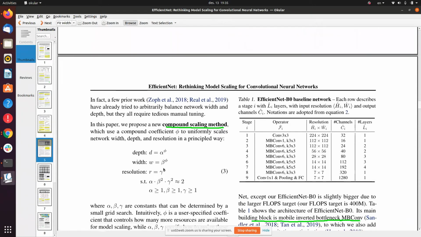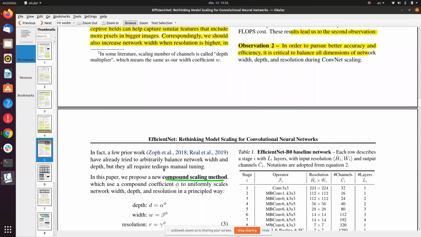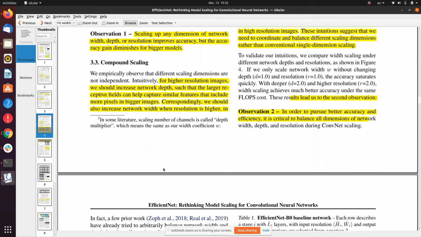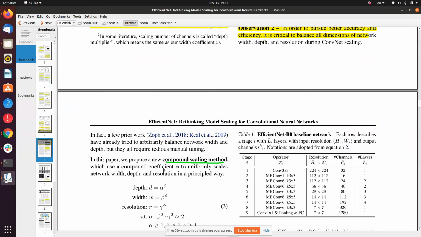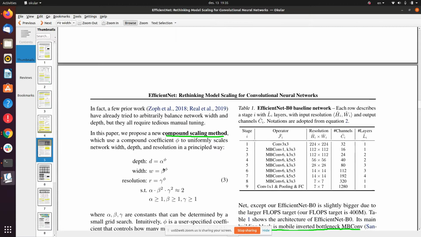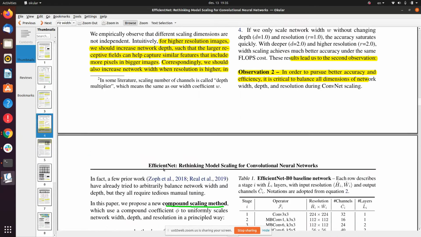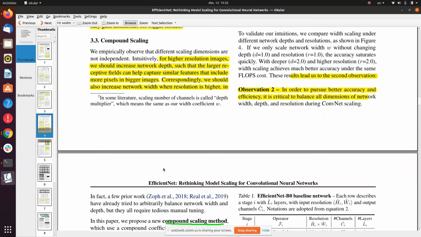So this here is completely with respect to system resources that are available. For example, if you want to design a network with a certain depth, certain width, and certain resolution, the system also should be capable enough to train the network or run the inference. If we don't have sufficient resources, for example memory, or a capable enough GPU, then it doesn't make sense to design that kind of network.